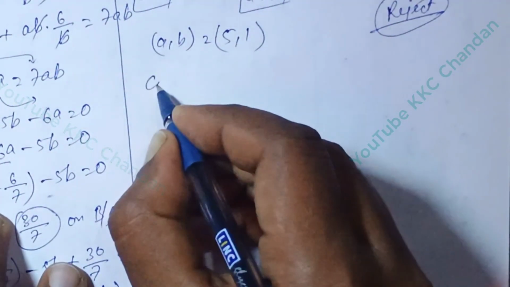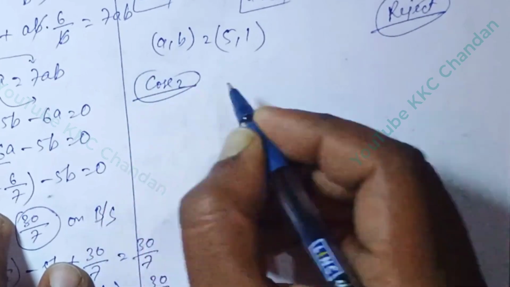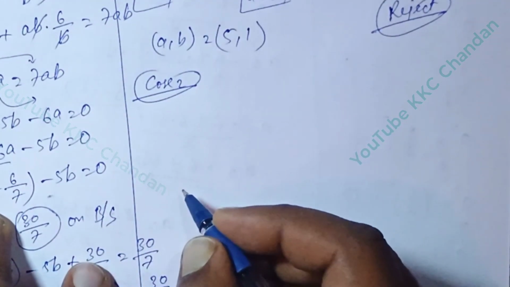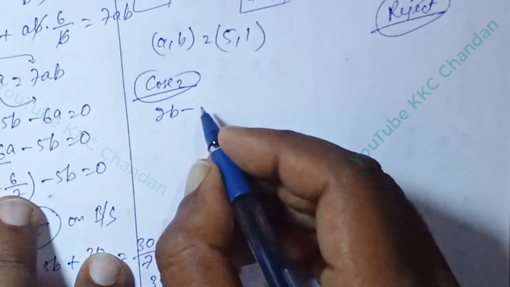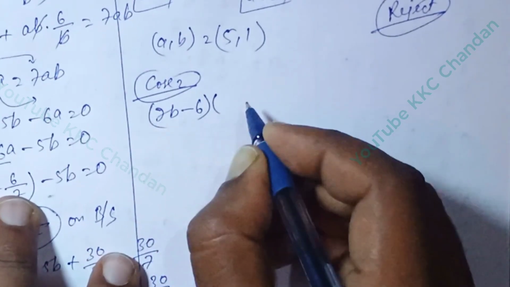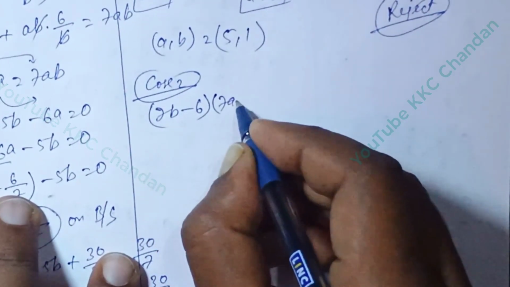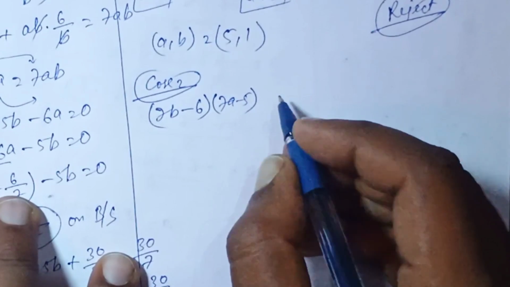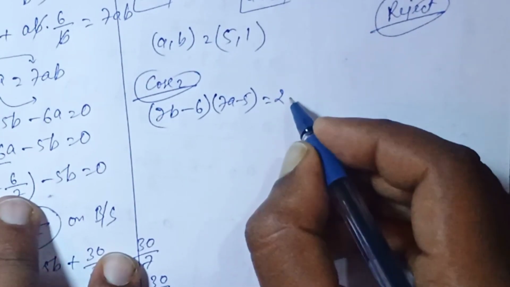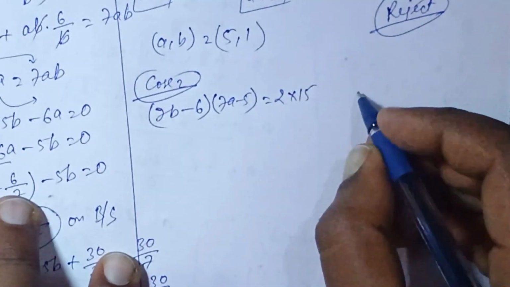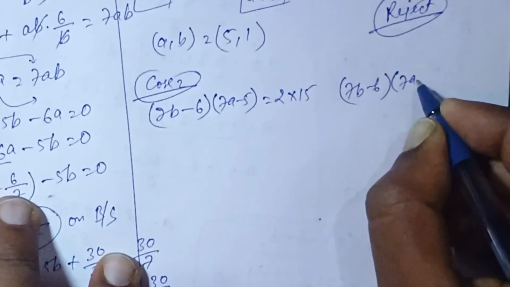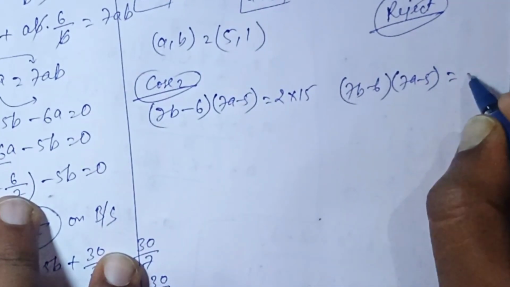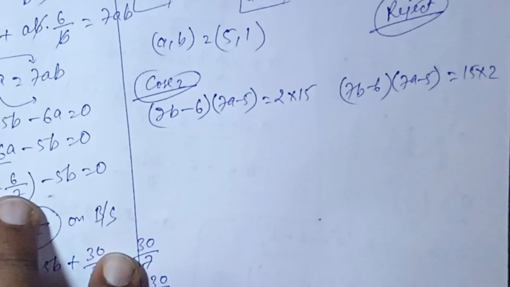Case number 2 says 7b minus 6 into 7a minus 5 is equal to 2 into 15, and 15 into 2.